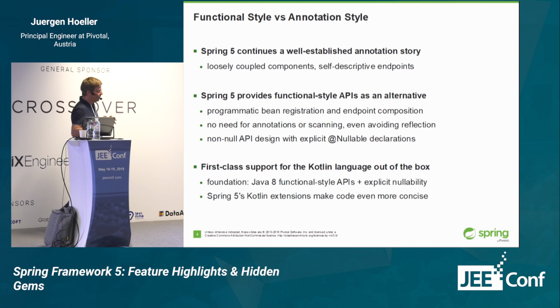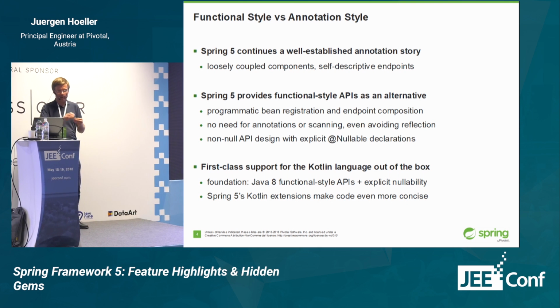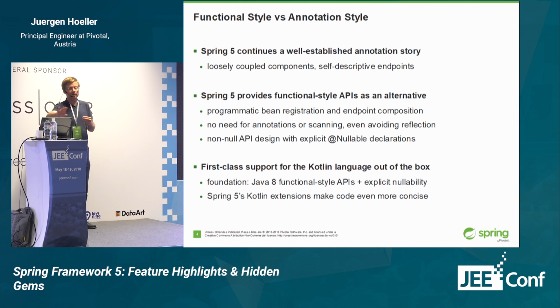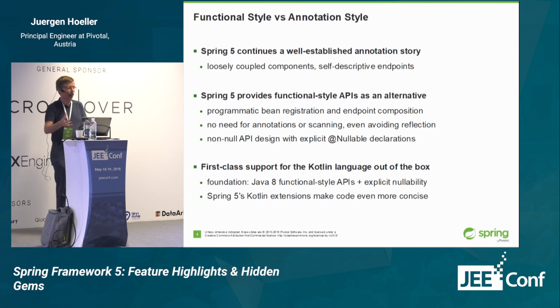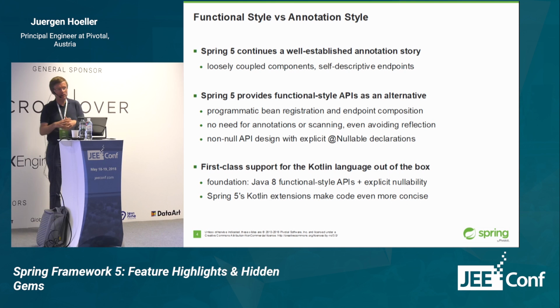All of this, of course, is a rather extreme position. We're basically saying no annotations, no class path scanning, no reflection. We are aware that in practice, that is an extreme position, that the middle ground is actually pretty interesting. You might use a little bit of reflection. You might combine functional registration with class path scanning.